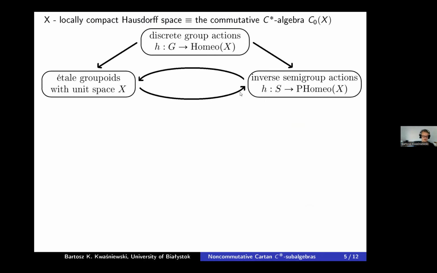And this could be done in two ways, by allowing not group actions but inverse semigroup actions, or by just moving to groupoids. These two approaches are equivalent, and I wanted to briefly recall this equivalence between groupoids and inverse semigroup actions.